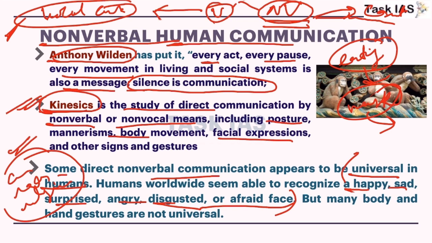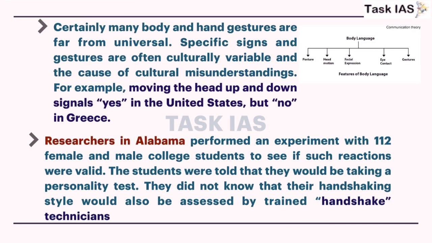A happy face will always have a smile, and you can't expect a happy person to be very nervous. But there are some body languages, body gestures which have different meanings in different cultures, which are culturally determined.